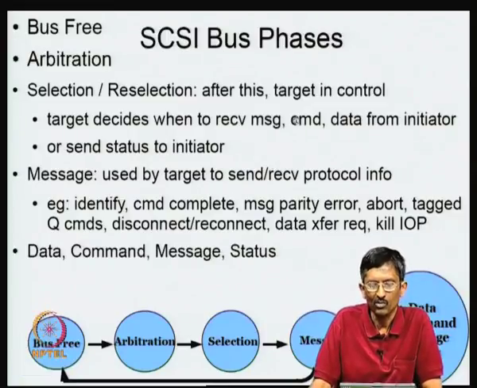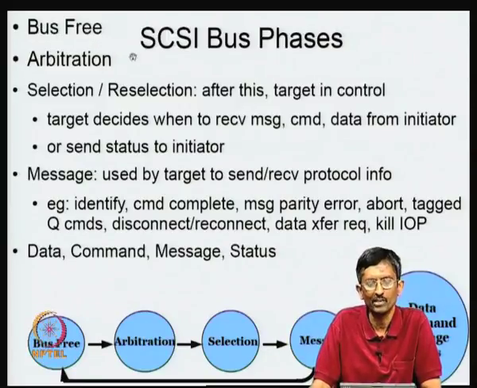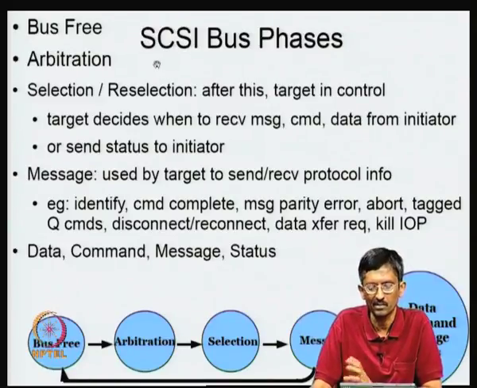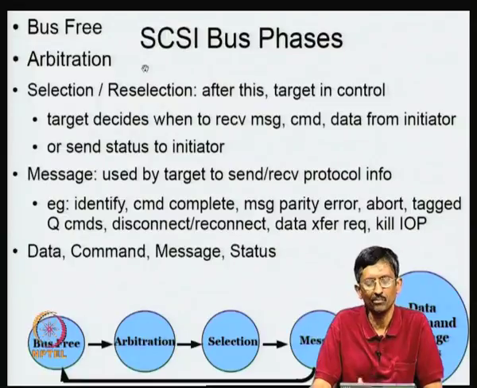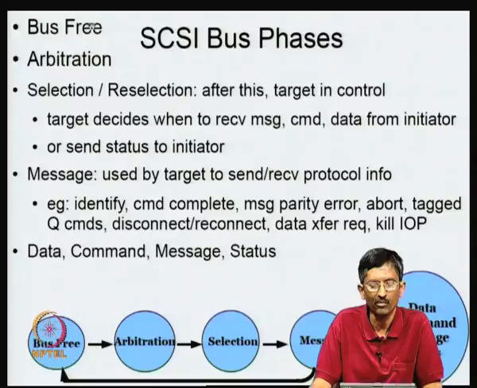We will just quickly go through how the SCSI functions. Again, all the terminology, as you can see, is based on the notion of an electrical bus, but historically that is how it is referred to. Bus free means there are currently no active requests on the bus, so it is completely free. If there are multiple accesses at the same time, you need to arbitrate.